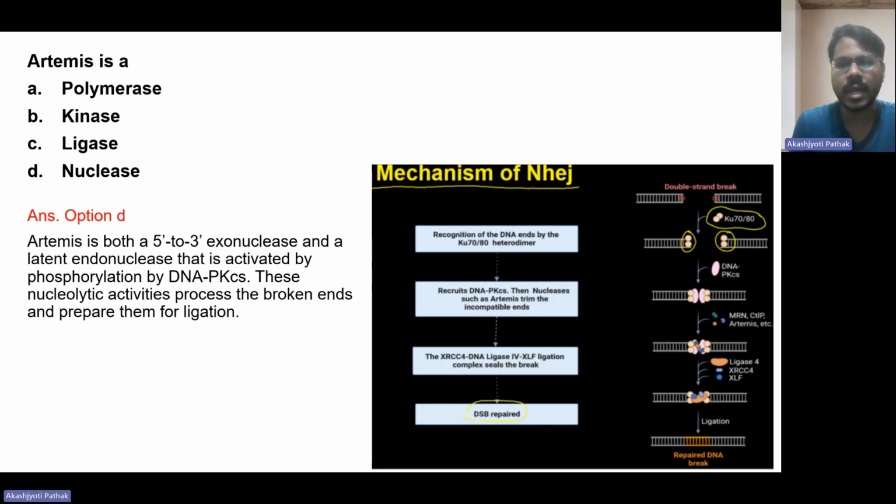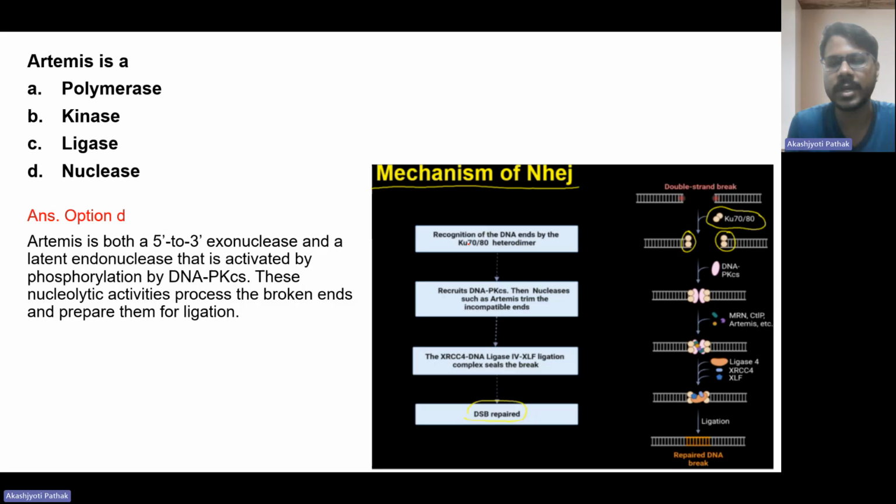Okay, so this is directly taken from the lecture slides, and it has also been explained with the help of this figure. There is a double-stranded break, which causes the recruitment of these two proteins, KU70 and KU80, and the broken ends are recognized. Who is recognizing these broken ends?